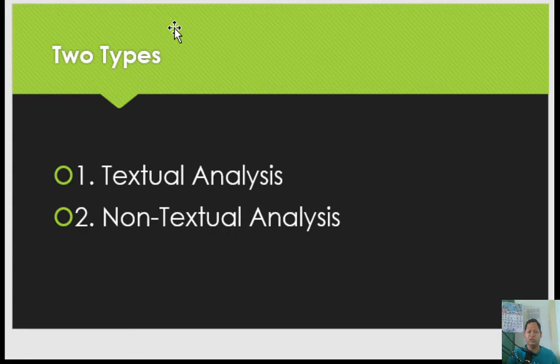Textual, the word text, means you will narrate the results of your study, the pre-assessment and the post-assessment or the analysis. While the non-textual is using graphs, tables, charts, etc. I hope you are able to distinguish the two types in presenting your results.